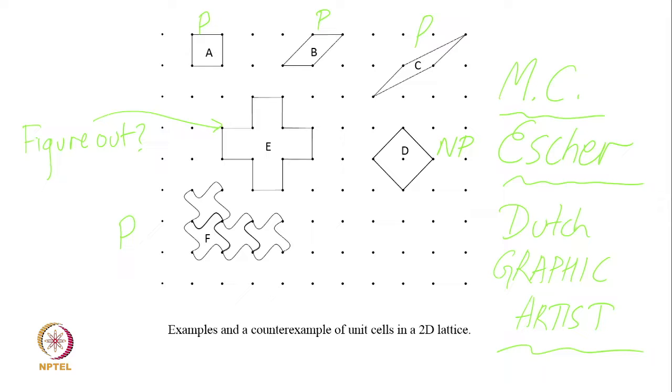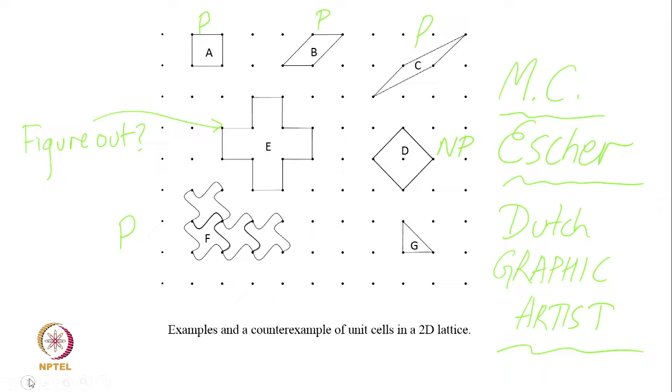So, his figures were birds, lizards, devils, demons, angels, all sorts of figures which will be repeating and fitting exactly together. So, his figures are also unit cells, but with curved boundary. So, you can curve the boundary and still get the unit cell and you still have a repetition.